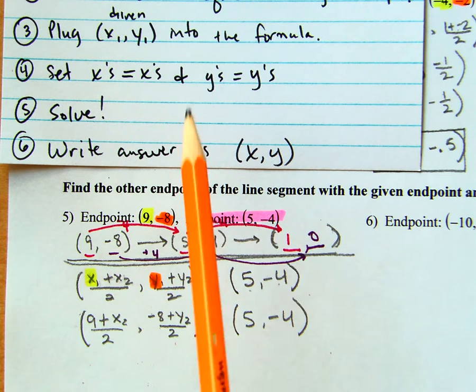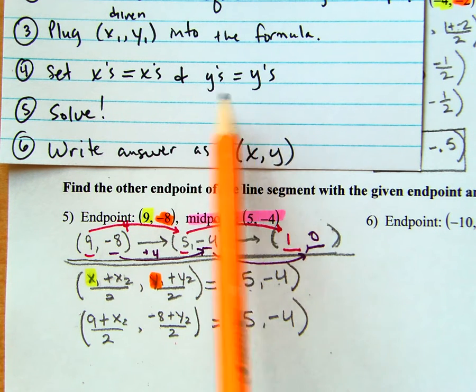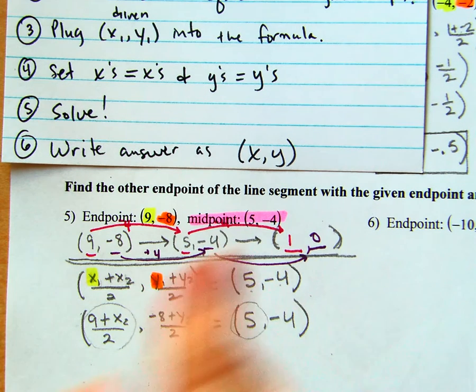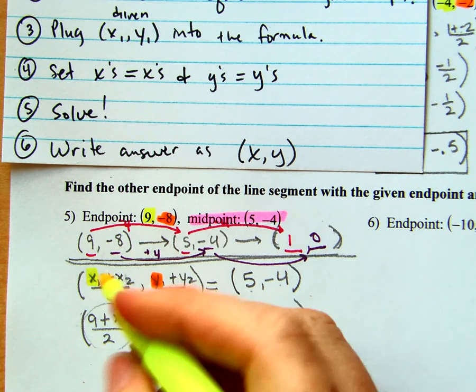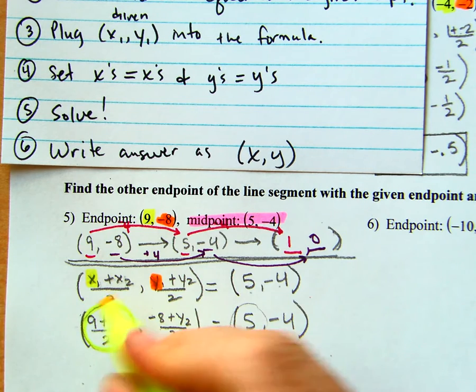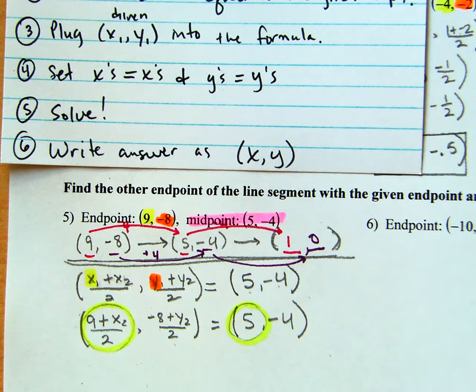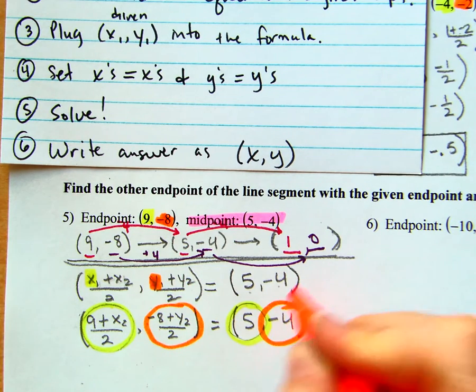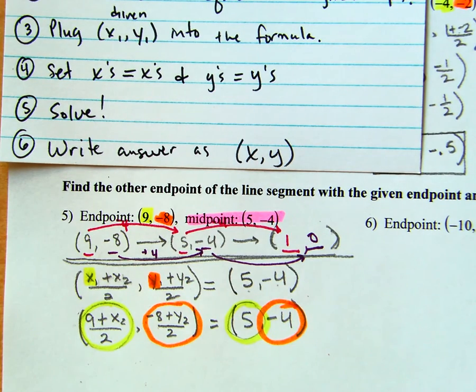Then I'm going to set my x's equal to my x's and my y's equal to my y's. So here's an x, here's an x. Maybe I can stick with the same color scheme. I'm going to set x equal to x, and I'm going to set y equal to y. All right.